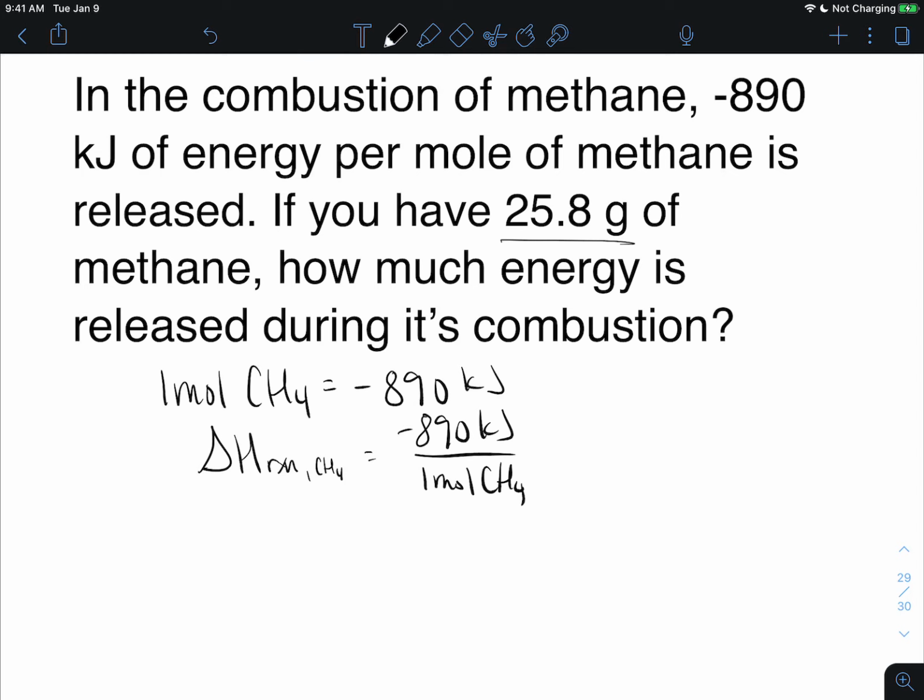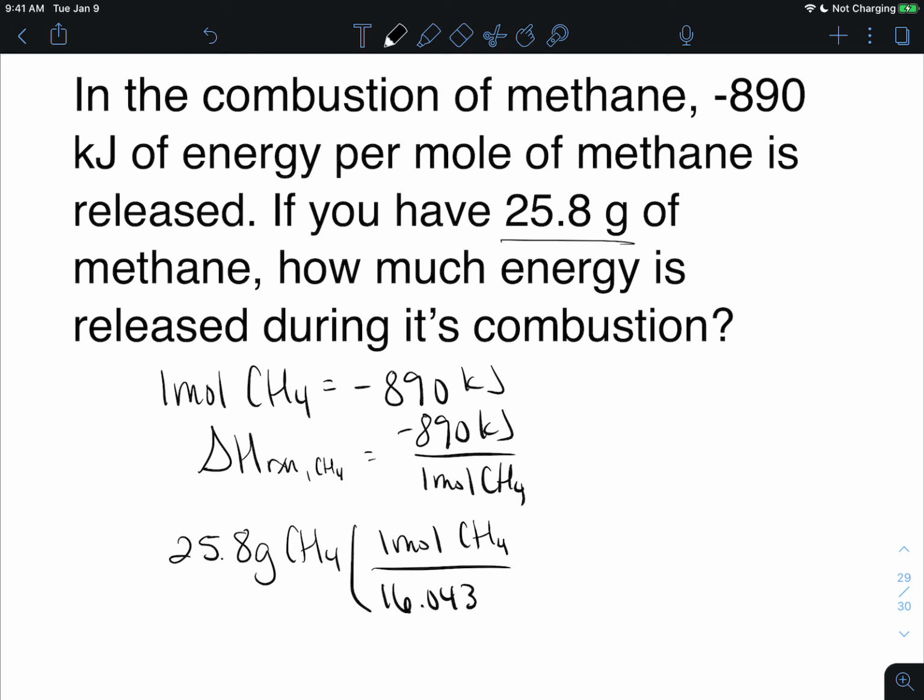All we need to do is convert from grams into moles into energy. So we've got 25.8 grams of methane using our molar mass of methane, where 1 mole of methane is equal to 16.043 grams.